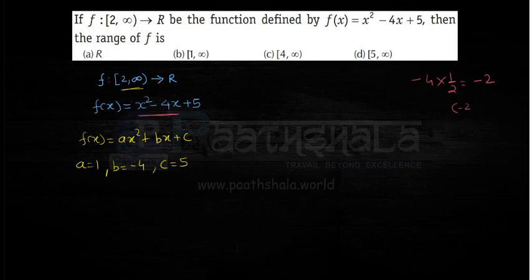So we will get minus 2 square, which is equal to plus 4, and add and subtract this 4.